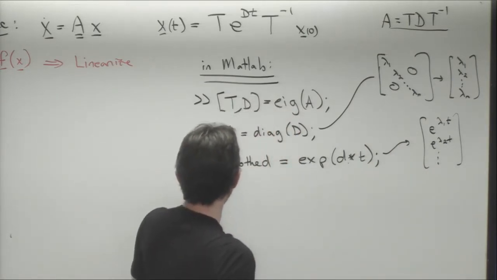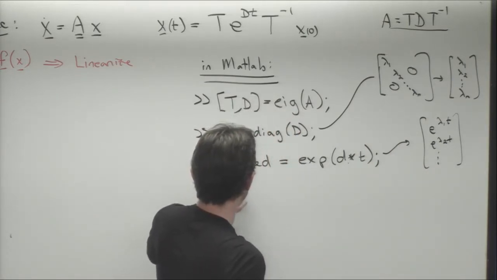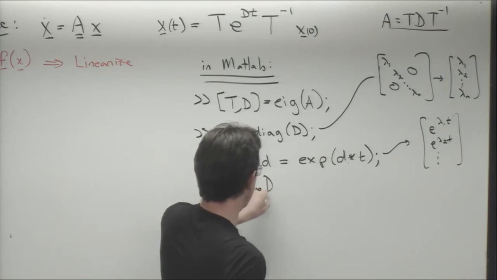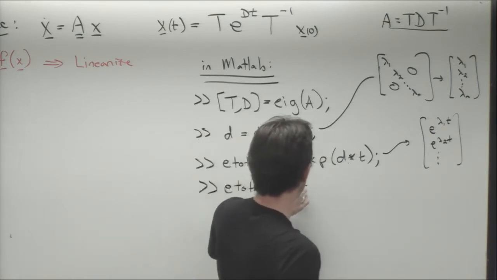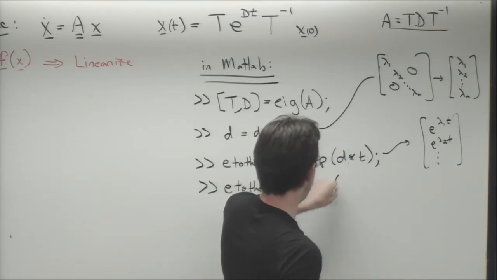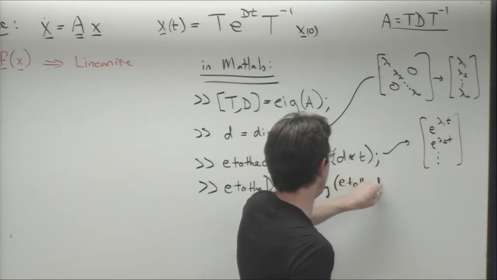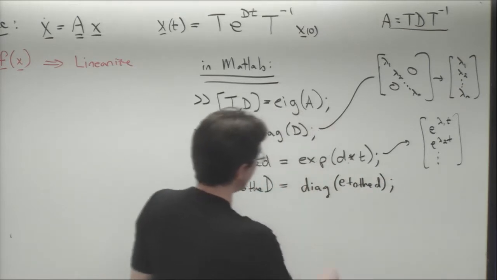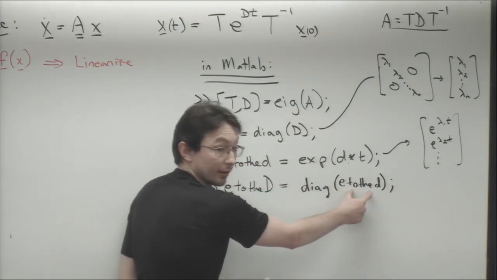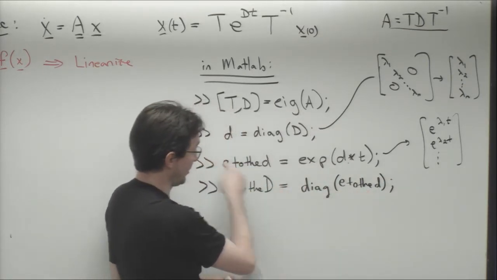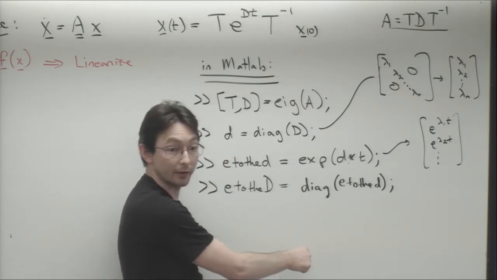And then finally, I say e to the big D equals diag of e to the little d. Now when I give a vector to diag, it'll turn it into a big matrix with that vector on the diagonal.